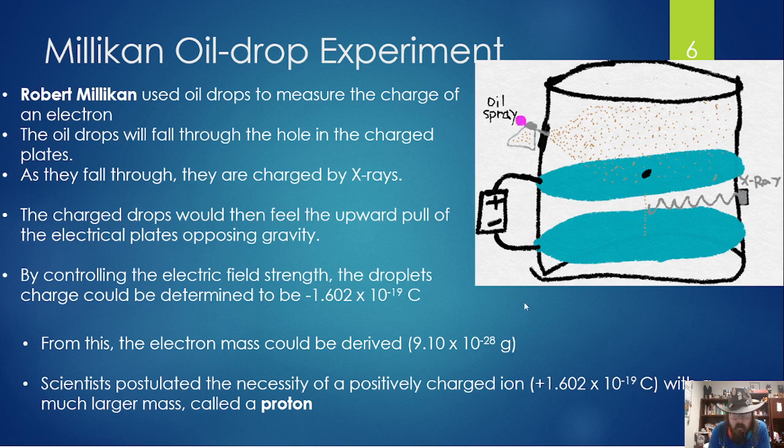Now, because they knew atoms were neutral, if an atom were to contain a negative charge, it must also contain equal amounts of opposing positive charge, with the same charge so as to cancel it out.